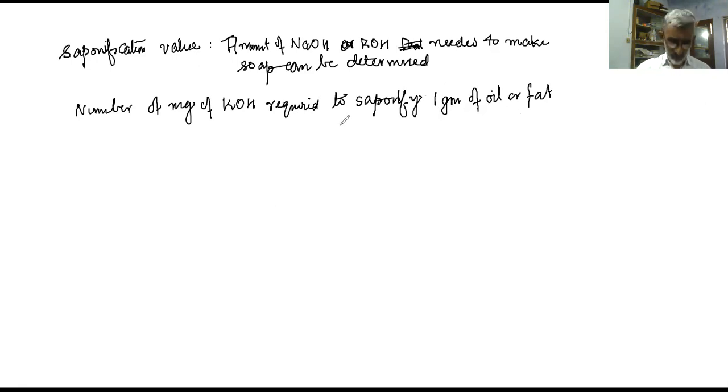So you can make a calculation based on this, based on the chemical equation of saponification. Now, saponification is actually hydrolysis of an ester. Which ester? A triglyceride ester, your oil or fat.